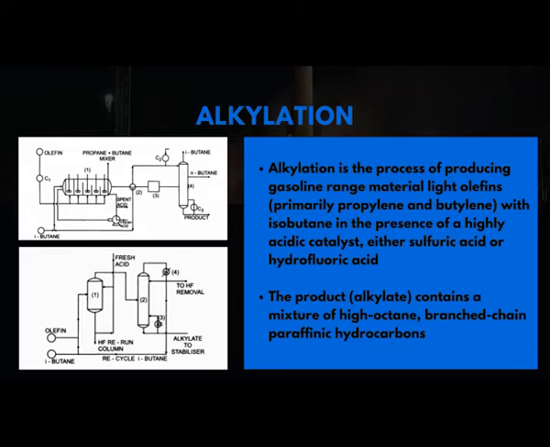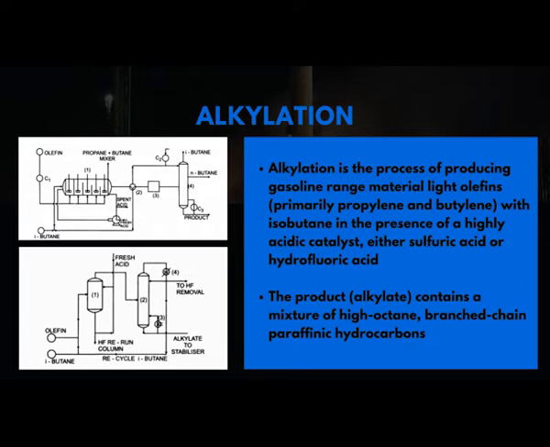The next one is known as alkylation. Alkylation is the process of producing gasoline-range material from light olefins, primarily propylene and butylene, with isobutane in the presence of a highly acidic catalyst, either sulfuric acid or hydrofluoric acid.